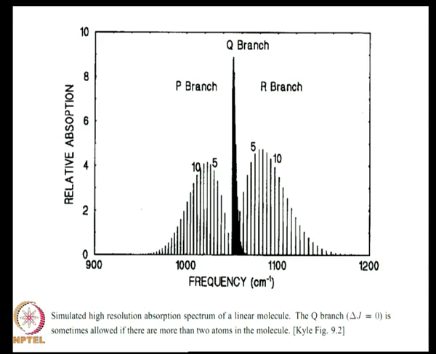And this is a typical vibration rotation band consisting of hundreds of lines. And so, this is the challenge one faces when solving a problem in radiation, that the absorption is a strong function of frequency or wavelength, and the variations are very rapid.